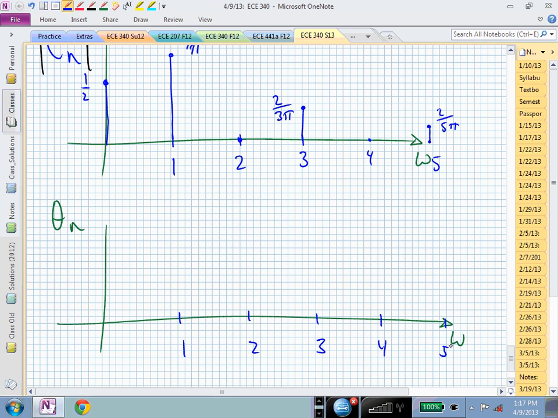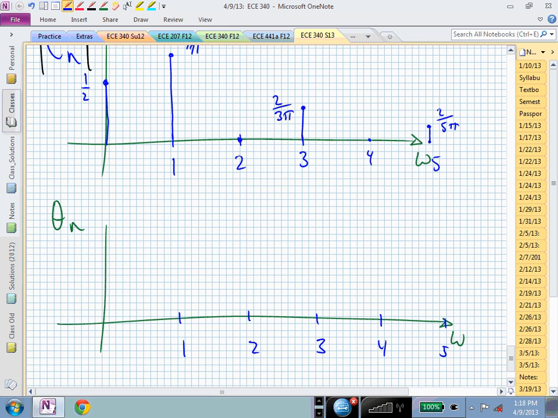There's nothing happening between DC and 1 radian per second. Nothing happening at 1.2 radians per second in frequency content for this little x of t. Is that clear? It's periodic, and all we have to worry about are harmonics. And so now we can just concentrate on lines in the frequency space. That's why these are called line spectra.